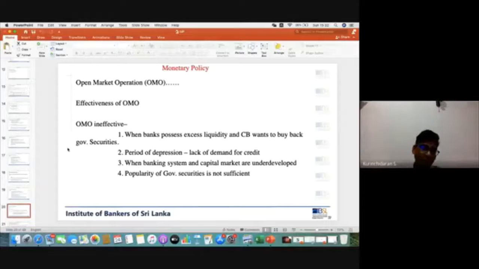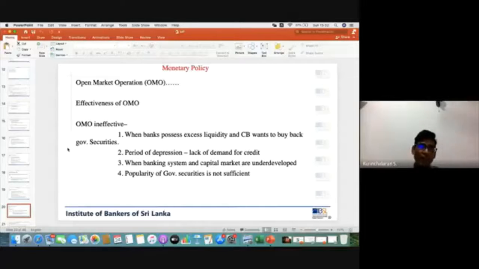Then even though you do open market operations to increase the money supply, there will be no demand for credit. So in that instance, whatever you do to increase the money supply is not going to work as expected.